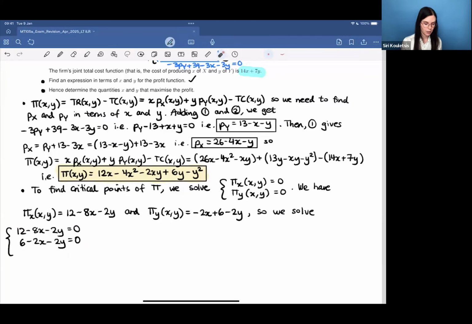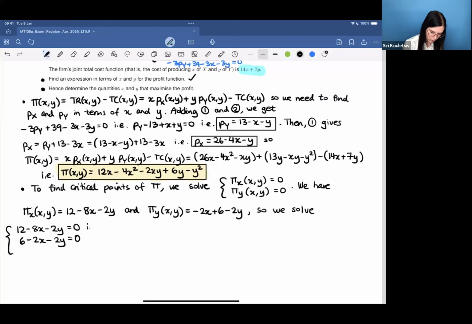Just practice different ways. I'm just going to solve it in a different way now, where I substitute from the first equation into the second equation. So I can write the first equation like this. 2y is 12 minus 8x, and then I can plug that into the second equation.